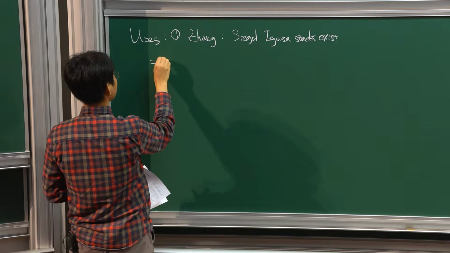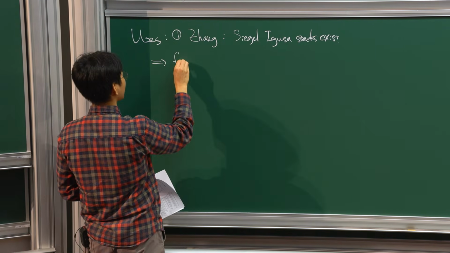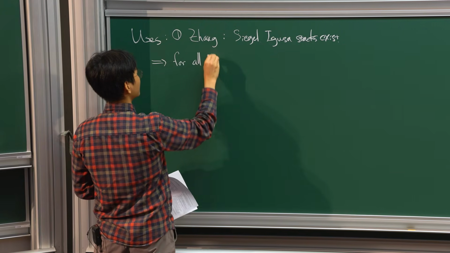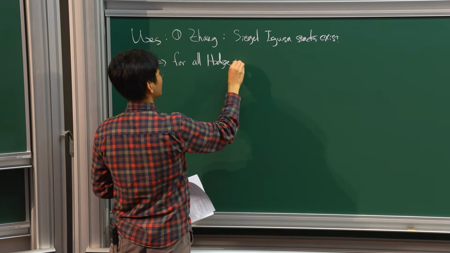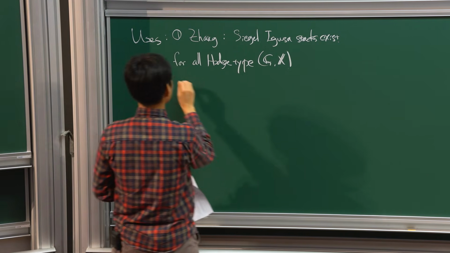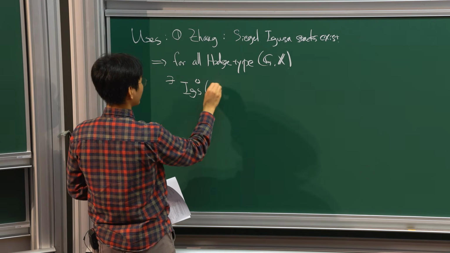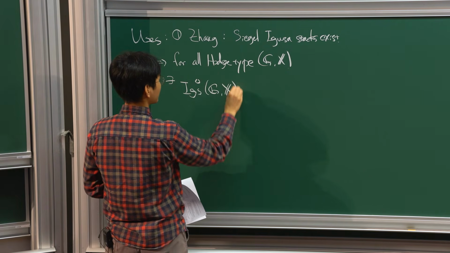And an immediate consequence of this is that there exists, for all Hodge type (G, X), Igusa stacks for both the good reduction locus and the entire thing.